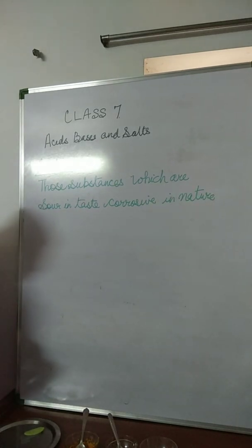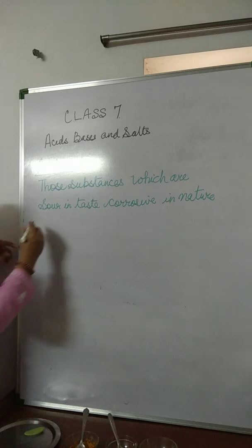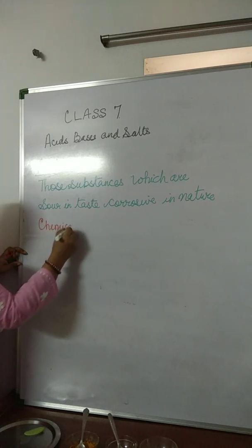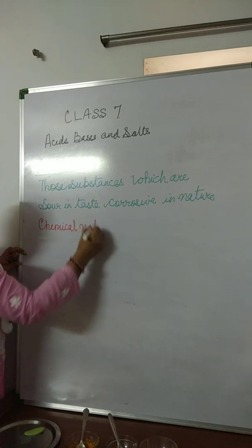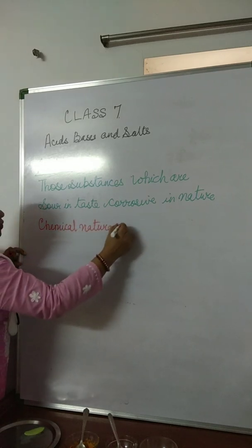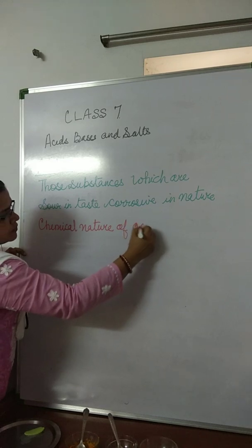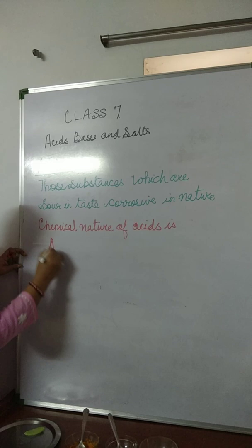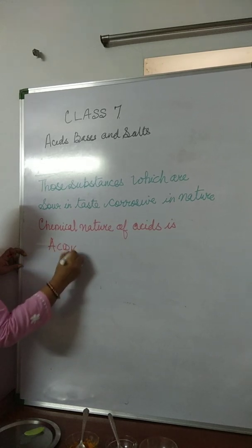On the other hand, acids have a chemical nature. So the chemical nature of acids is acidic.